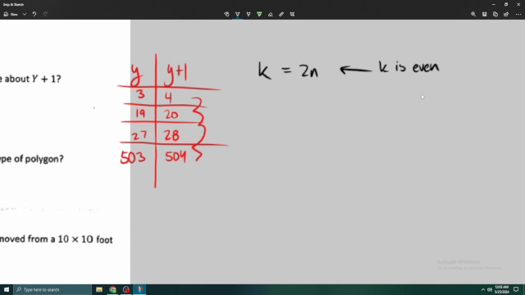This is kind of working backwards, but if k is an even number, it's a multiple of 2. I know that 2 obviously is even. 4, 6, that's 2 times 3, 2 times 4, 2 times 5, 2 times 6, and so on, forever and ever. All right, well, let's add 1 to both sides.